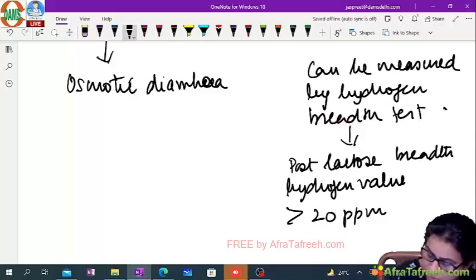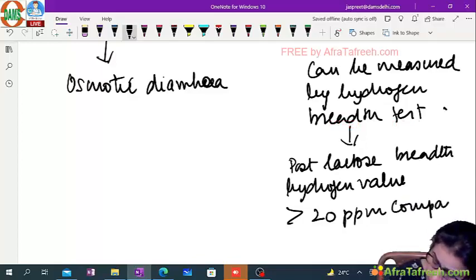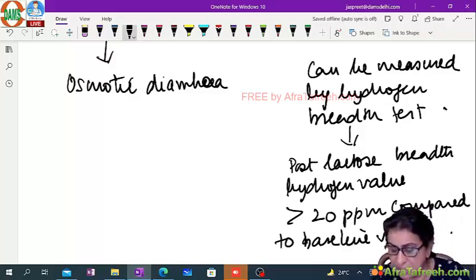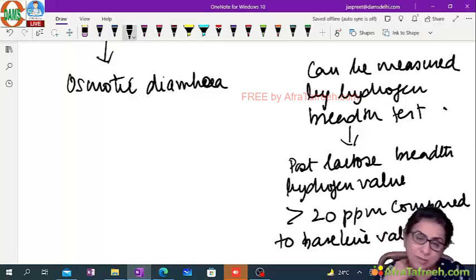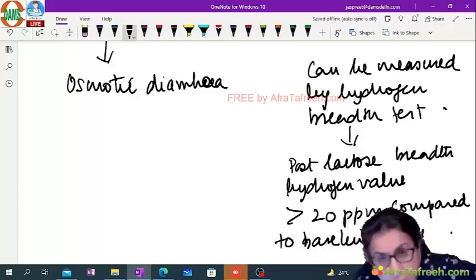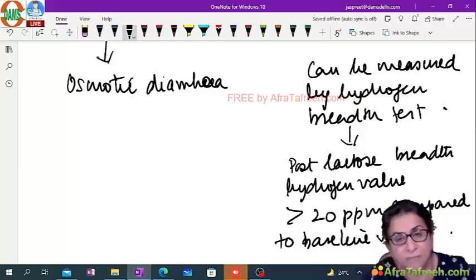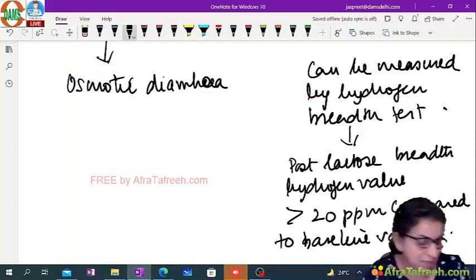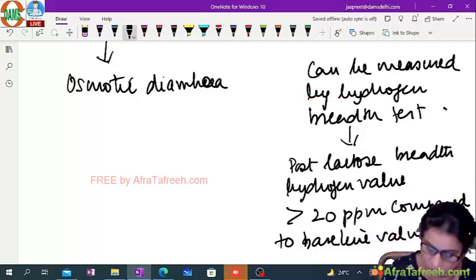When do we say the test is positive? After giving a lactose dose, if the hydrogen breath value is more than 20 parts per million compared to the baseline, the pre-lactose value, that indicates lactose intolerance.